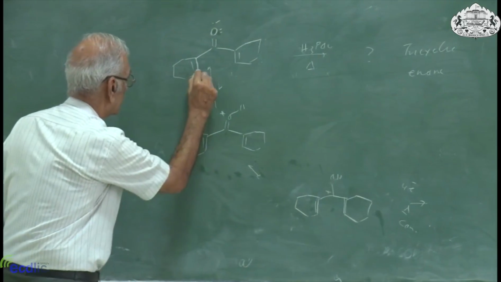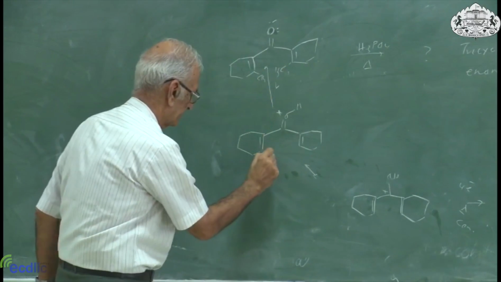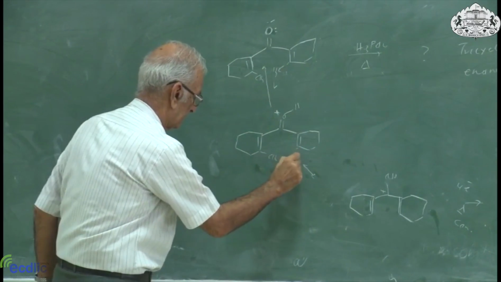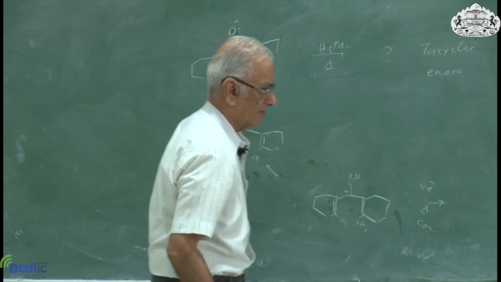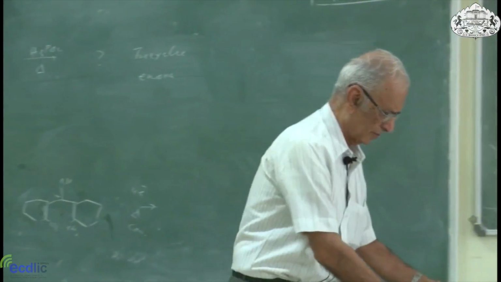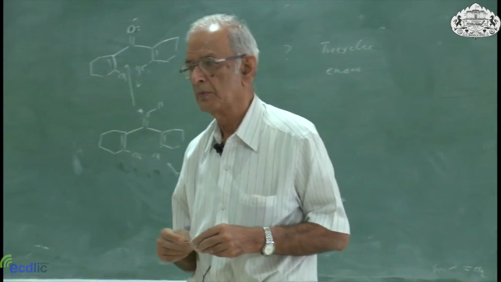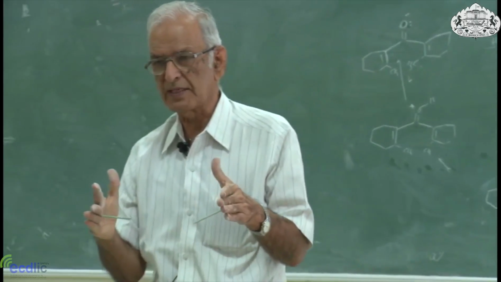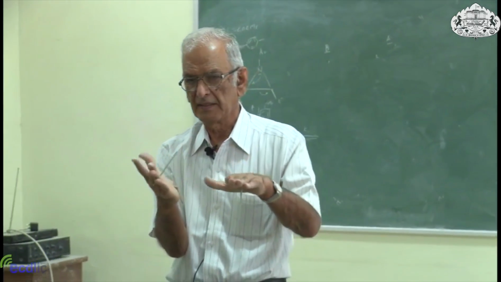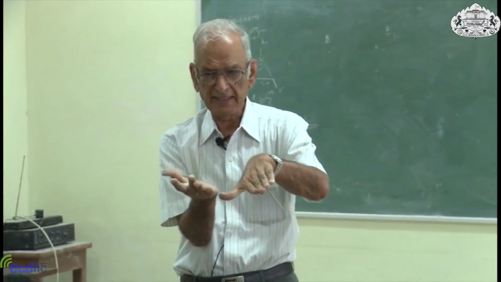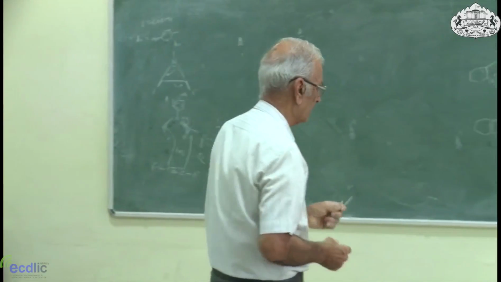That is a methyl group, that is a methyl group. So, your two methyl groups are on the inside, it is a 4-electron thermal reaction. Therefore, it is conrotatory, one methyl group should be up, one methyl group should be down.